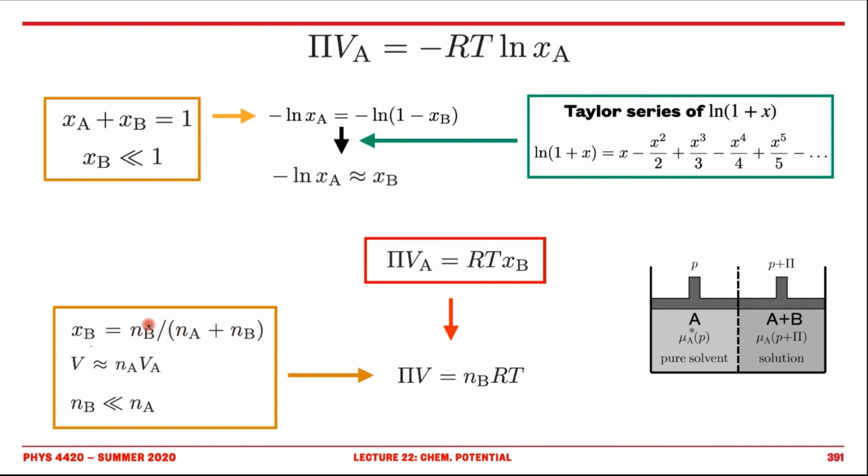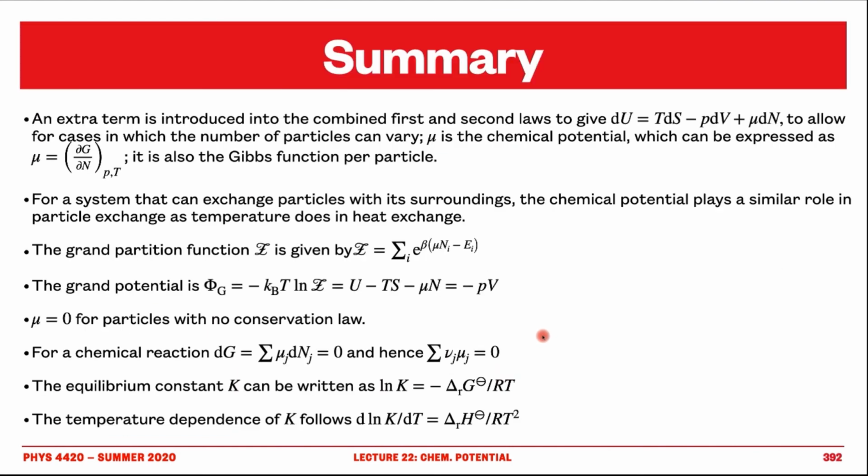So XB is NB divided by NA, and I replace it here. XB becomes NB divided by NA. But NA times VA is V, and then I'm done. So basically the osmotic pressure is given by the density of B molecules times RT over V. And this is essentially how you calculate the osmotic pressure that we need.